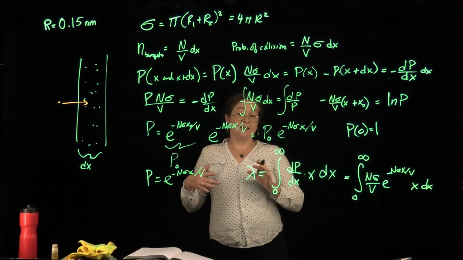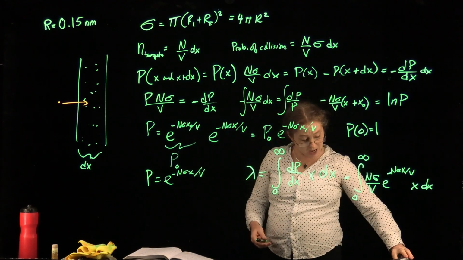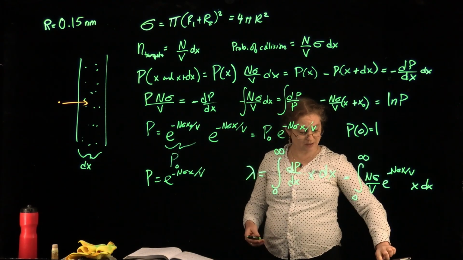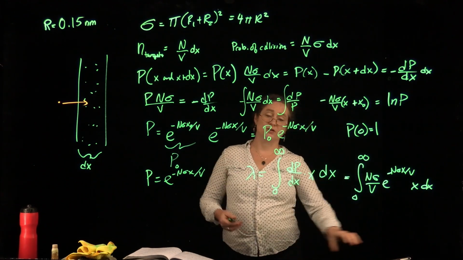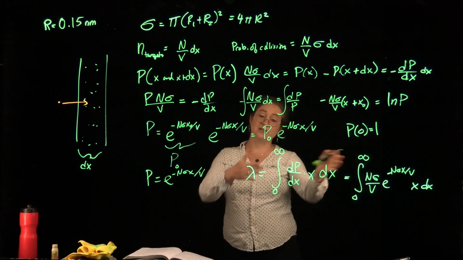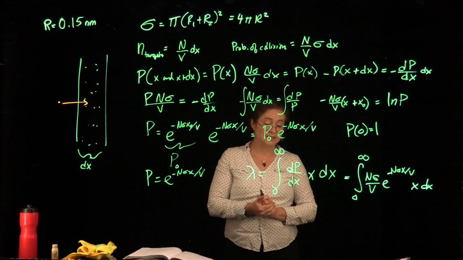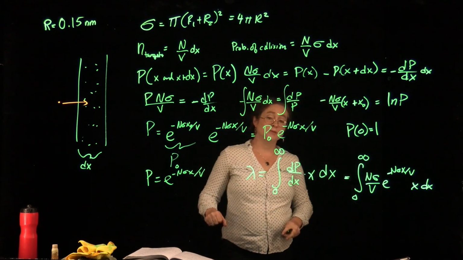Now, this is a classical mechanics class, and I would actually not expect that you would have had all of the exposure to probability theory. So if this is not familiar to you yet, that's okay. I wouldn't expect you to know it.